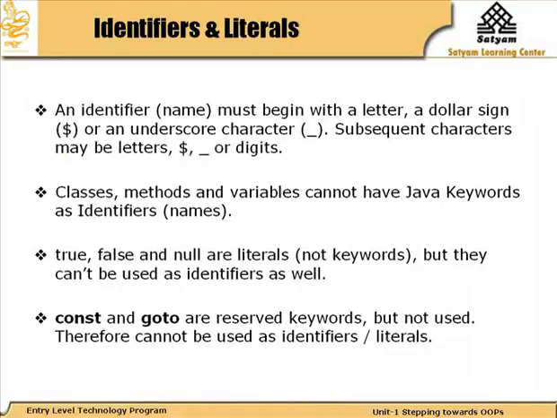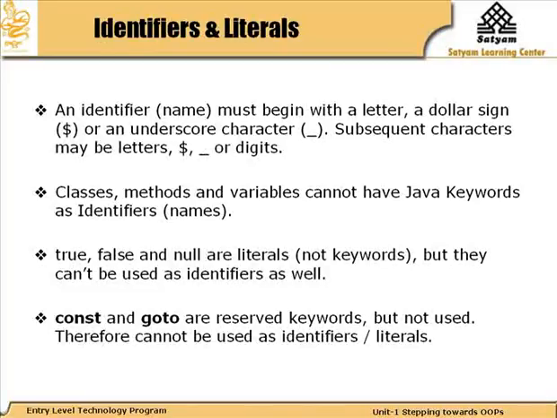An identifier name must begin with a letter, a $ sign, or an underscore character. Subsequent characters may be letters, dollar, or underscore, or a digit. Classes, methods, and variables cannot have Java keywords as identifier names.